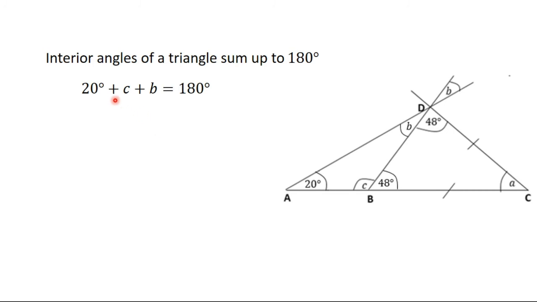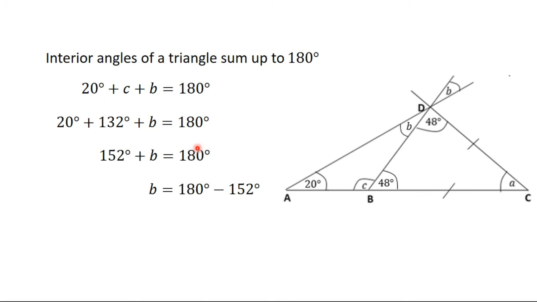So we can say that 20 plus C plus B will give us 180 degrees. So C is 132 degrees as we found in the previous slide. So 20 plus 132 degrees plus B is equal to 180 degrees. 20 plus 132 will give us 152. So plus B will give us 180 degrees. B, if you simplify, you are going to get 28 degrees.